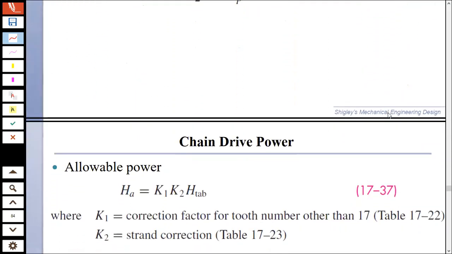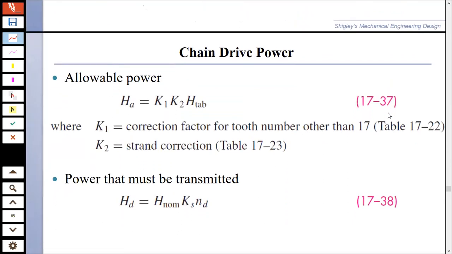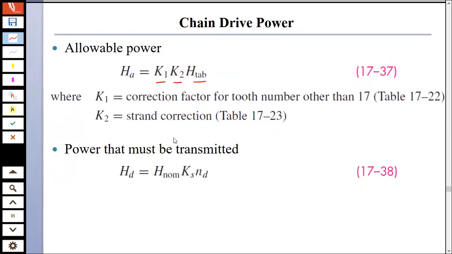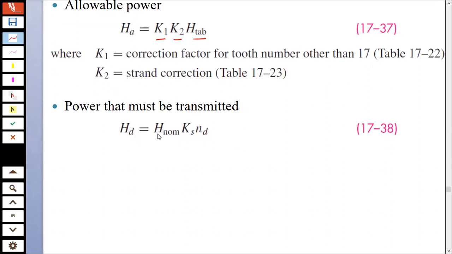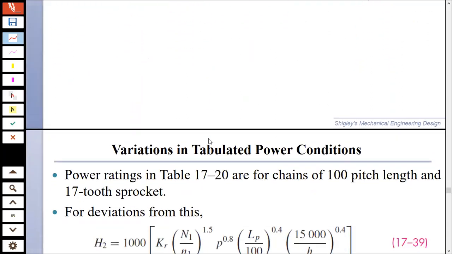Now, if you have chain drives, as we said, the allowable horsepower will be equal to K1 times K2 times H tab, and those two are the correction factors. The power that must be transmitted, which is the design horsepower, is H nominal, Ks, and Nd. And you get this from the application.